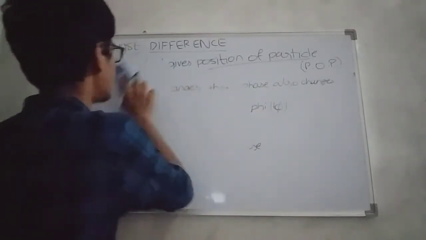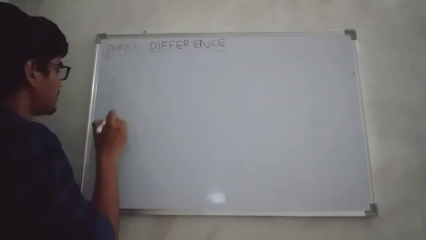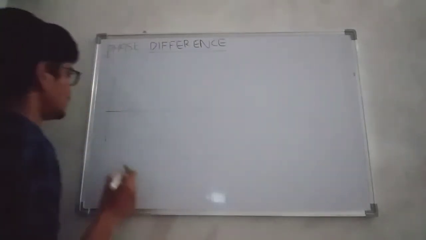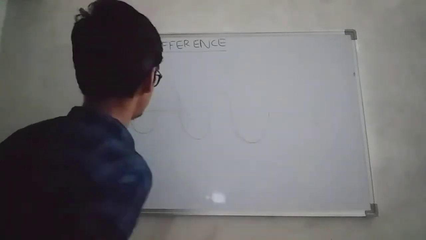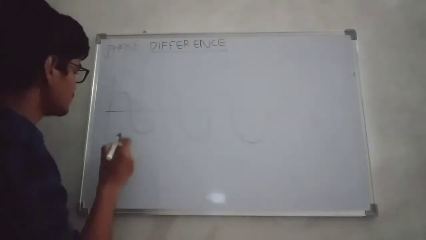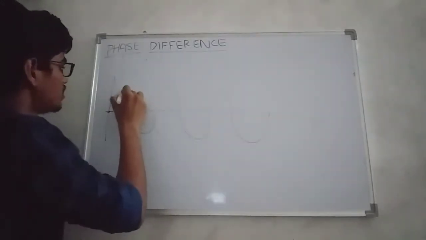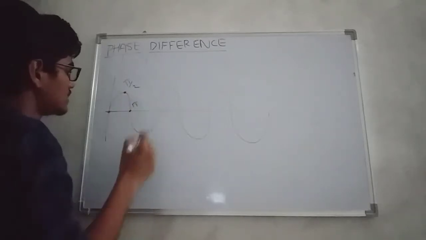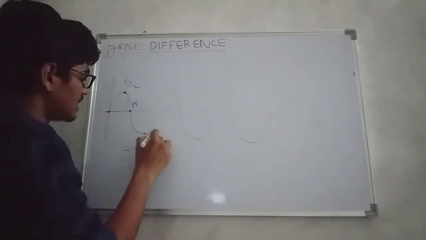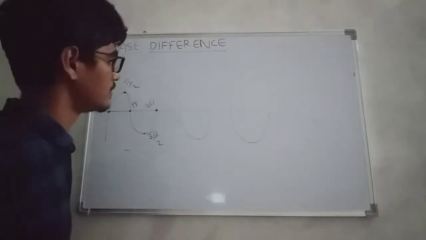Now I want to explain in a diagram. Consider a wave, and we know that this particle has phase pi by 2, this particle has phase pi, this particle has phase 3 pi by 2, and this particle has phase 2 pi.